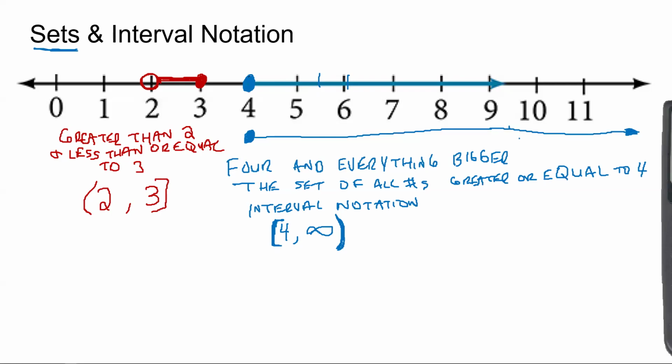We included 4 all the way down to 4. We included 3 all the way up to 3. But we're not including the 2, so that's a softie right there. You can use that to describe any interval that you come across.